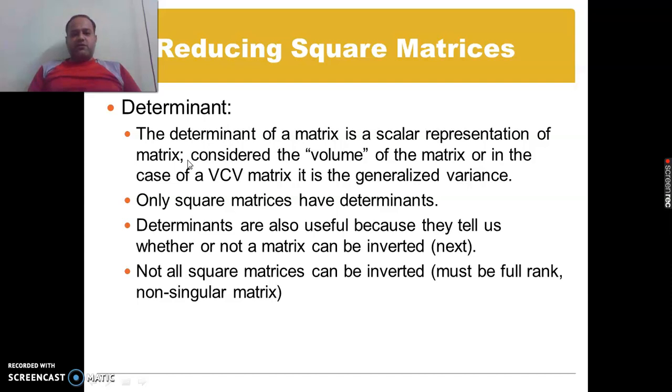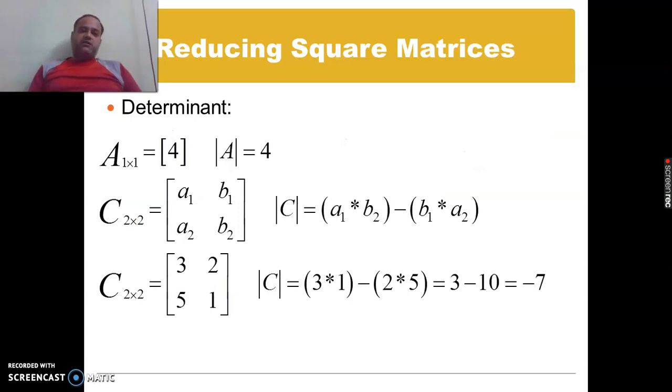This is one of the famous ways of reducing a square matrix to a scalar, the determinant. Basically it is known as the volume of the matrix. Only square matrices have a determinant. We cannot take the determinant of rectangular matrices. Determinants are also useful for the inverse of a matrix, and the inverse of a matrix totally depends on the determinant. We can take the determinant by cross multiplication of the elements.